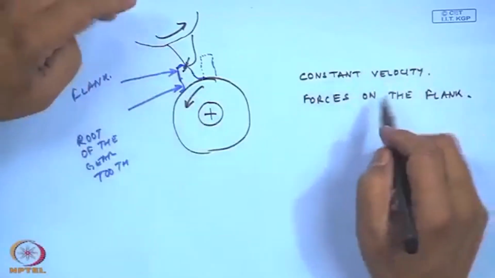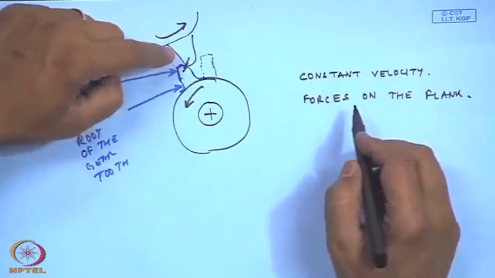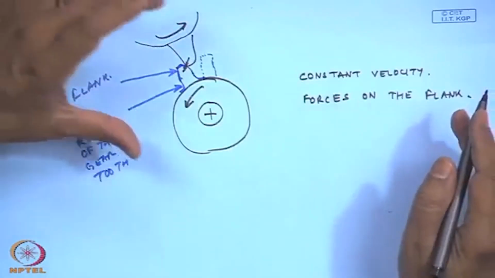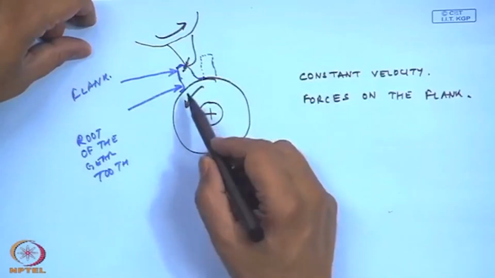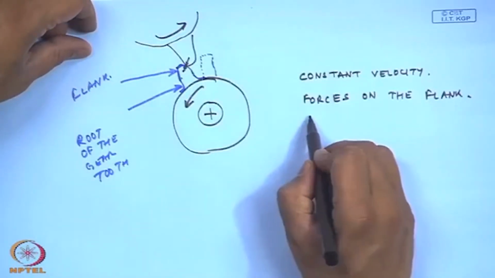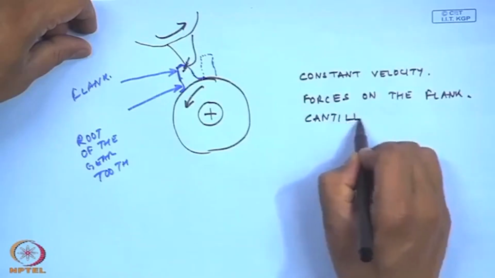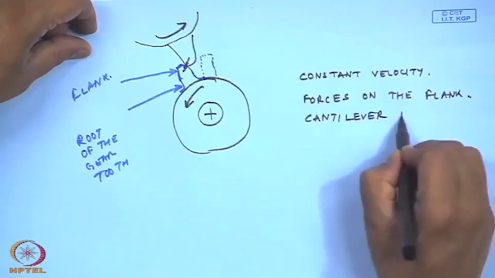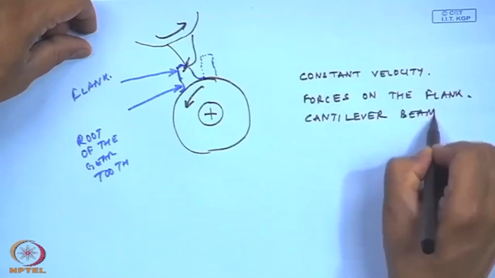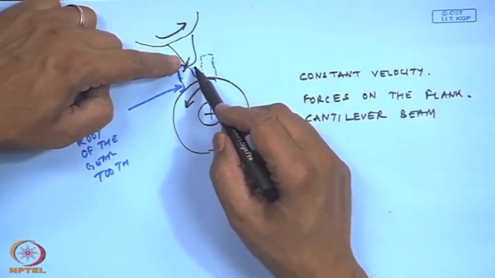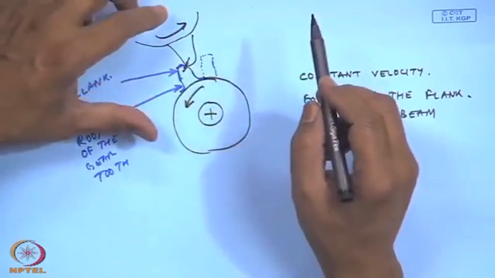So, there is a lot of metal to metal contact between the gear teeth. For a gear to be strong enough, this tooth is also behaving like a cantilever beam. Obviously, it is going to deflect each time it meshes with a gear tooth from another gear.